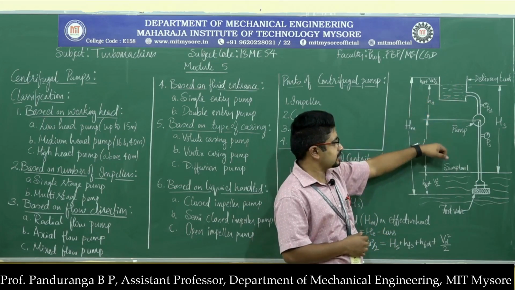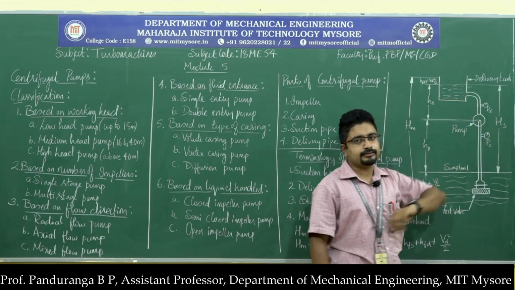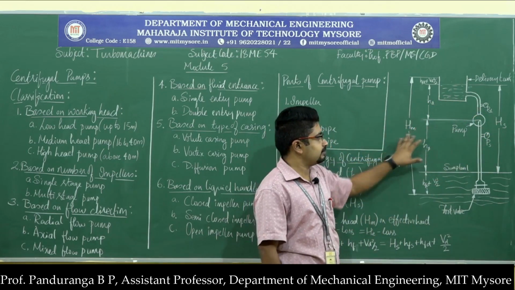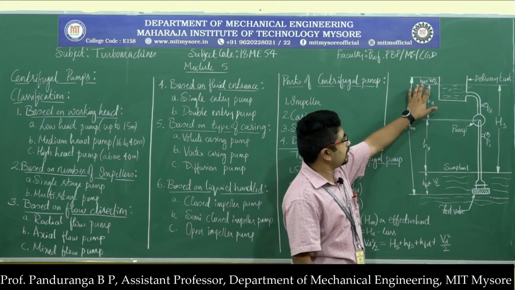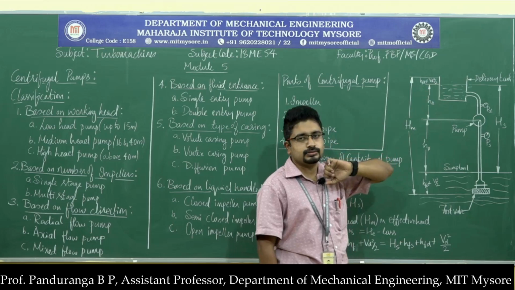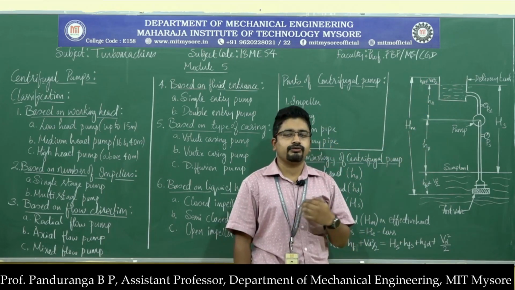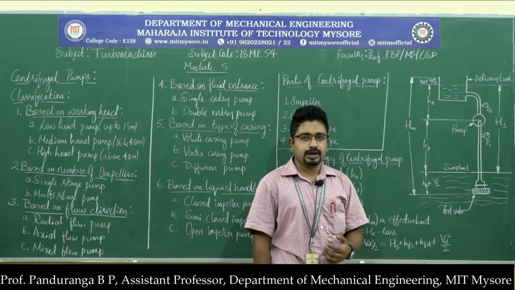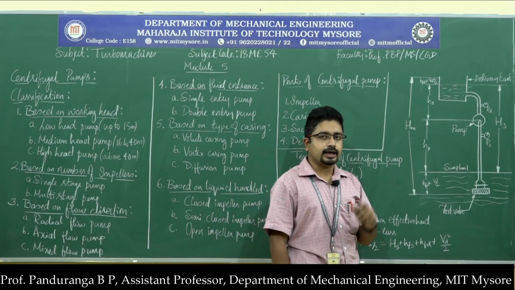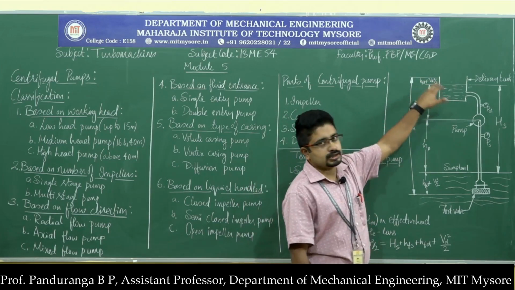The sum of suction head and delivery head we call static head, and then we have HM, the manometric head, and we have HFD plus VD square by 2g. VD is the velocity of the fluid when it comes out of the delivery pipe, or the velocity of the liquid in the delivery pipe.